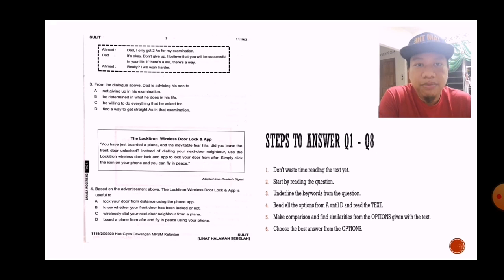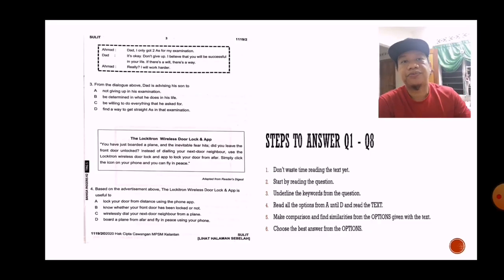B. Be determined in what he does in his life. C. Be willing to do everything that he asks for. D. Find a way to get straight A's in that examination. Okay, A, B, C, D. We have read all the options. Now we go on with the text.